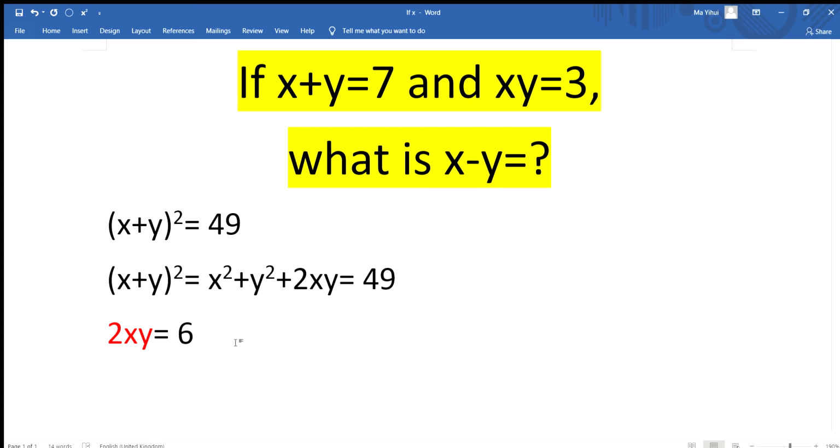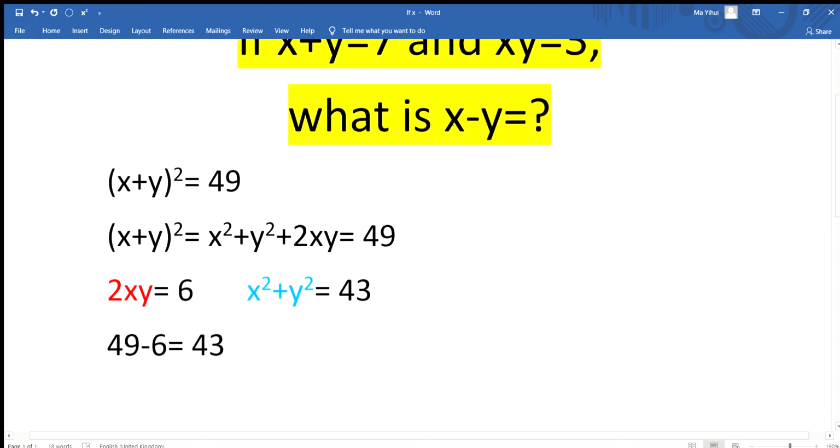Simple math, just 49 subtract 6, you're going to get 43, right? So 43 is going to be the value of x squared plus y squared. Makes sense, right? 43. So now I have both values of 2xy and x squared plus y squared.